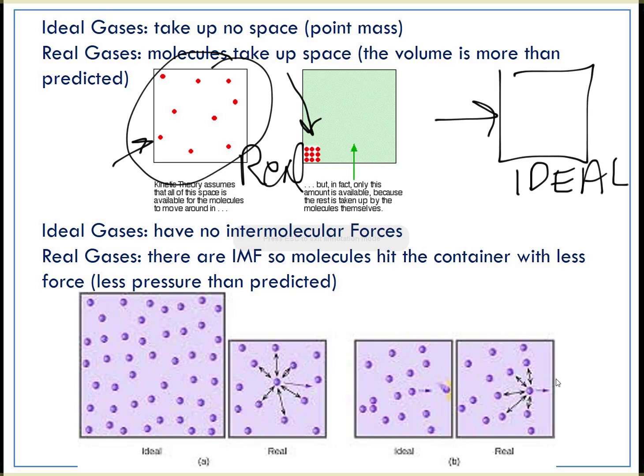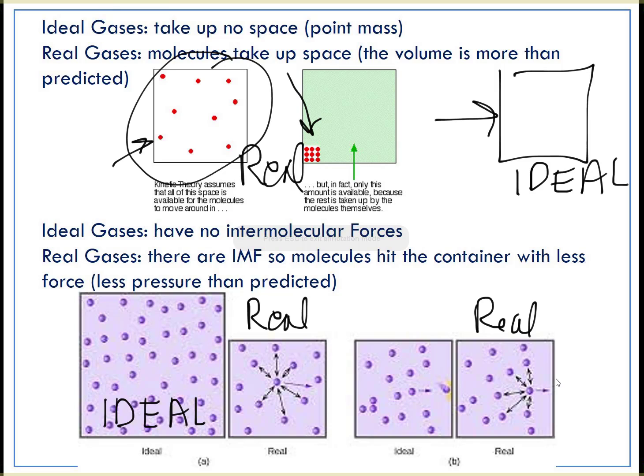Let's look at intermolecular forces. So I have my ideal gas here. And you can see that they're hitting each other, but there are no forces in between the molecules. While here are my real gases in both these situations. So in this first one, you see that when the atoms collide with each other, just because they're close to each other, those van der Waals forces, the dipole-dipole, the London dispersion, they kind of kick in just a little bit.